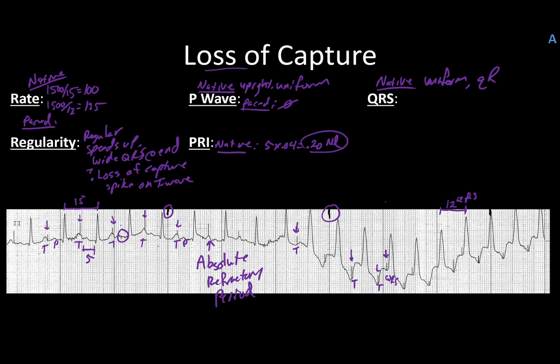And to measure these guys out, that's 2 boxes. And so those are normal as well. So we definitely have a sinus tach at the start. So we know that for sure.